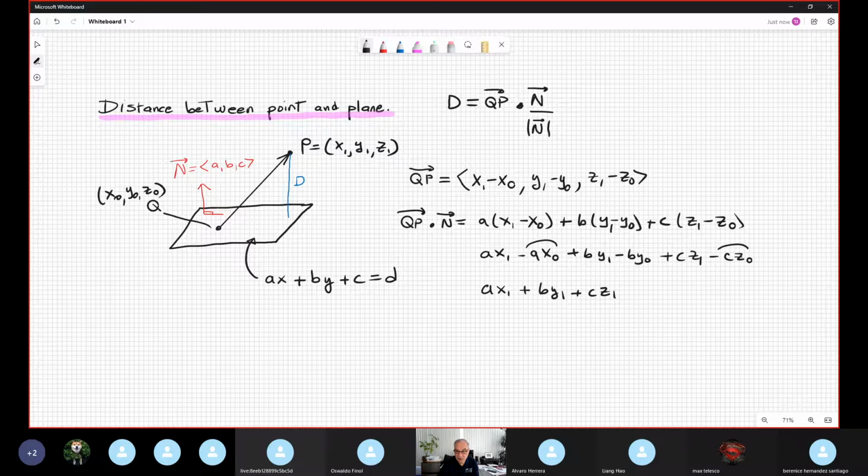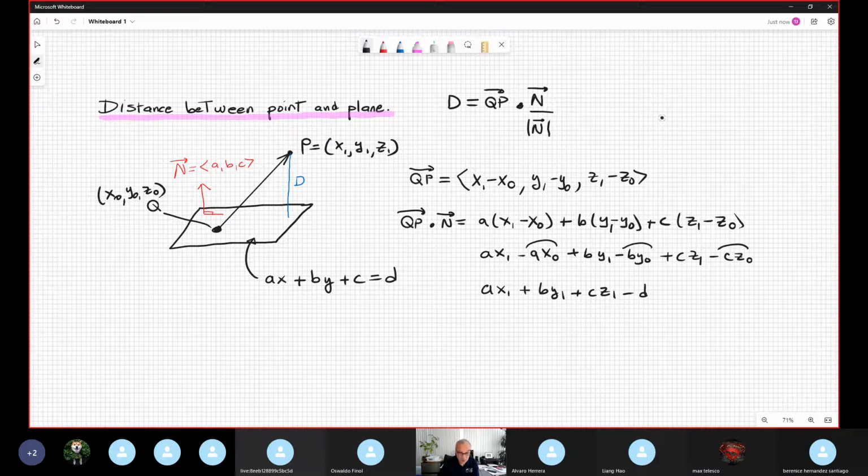This group together is exactly the same as the equation of the plane, no? So we leave it like that, it's minus D, which is this element D, because the point X0, Y0, Z0 belongs to the plane. It satisfies perfectly the equation of the plane.